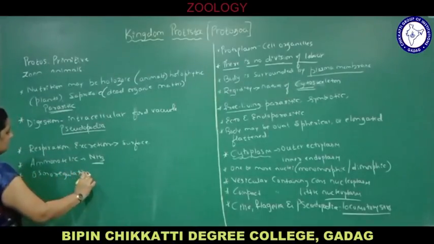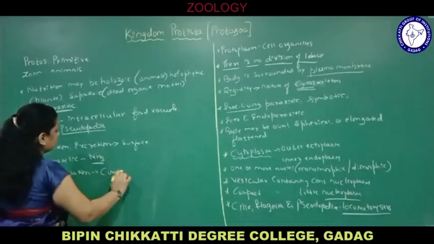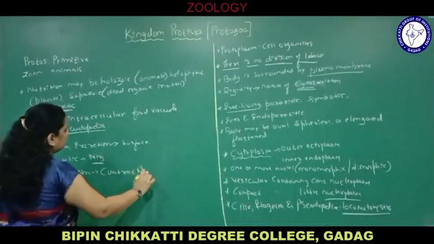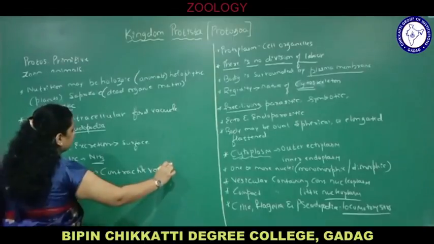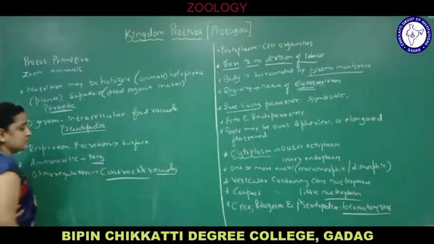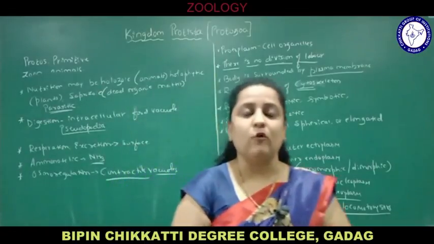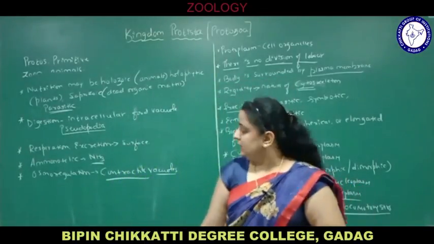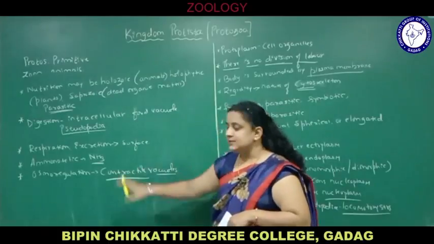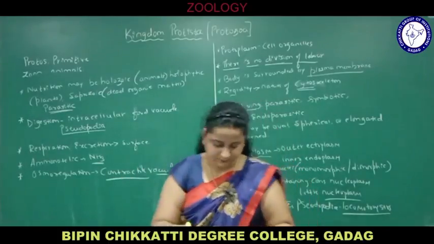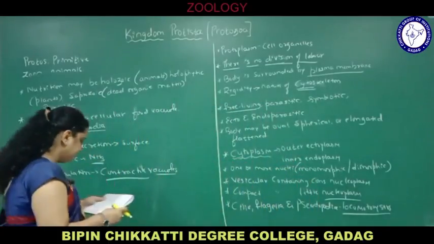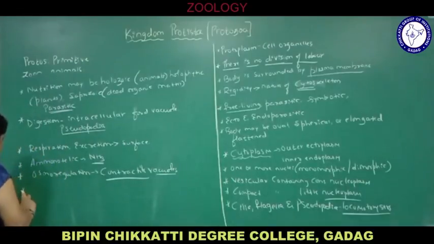Osmoregulation is by contractile vacuoles. The different types of vacuoles are contractile vacuoles, food vacuoles and gaseous vacuoles. Excretion of nitrogenous waste, or maintenance of water balance in the body, is by contractile vacuoles, which is called osmoregulation. Next, coming to cyclosis.